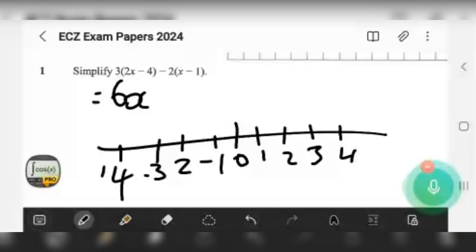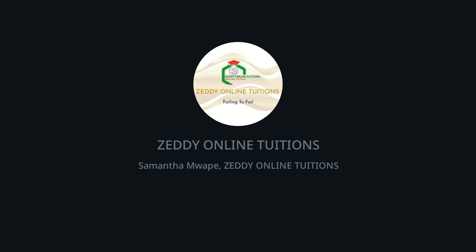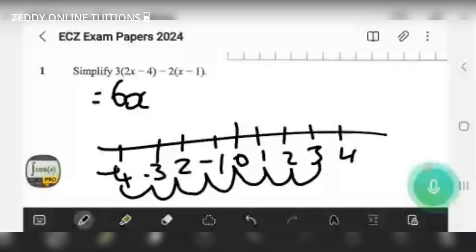I want you to look at the difference. There's a difference of 1, 2, 3, 4, 5, 6, 7. There's a difference of about 7 digits before you get to 4 from negative 4.